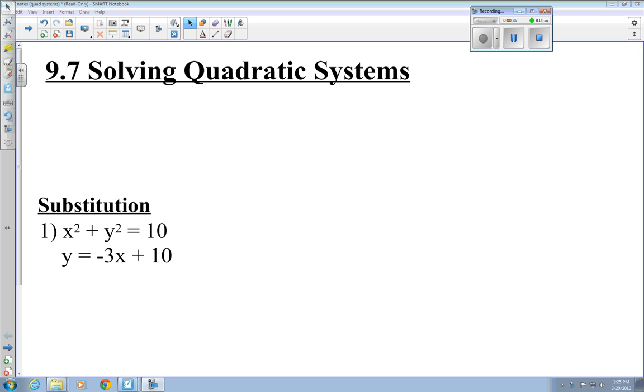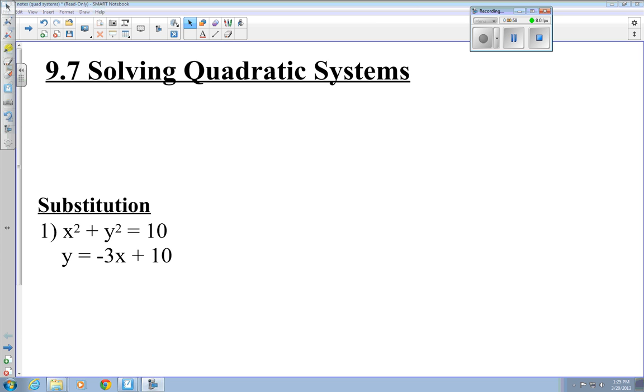Anybody remember what that solution meant? The point that satisfied both equations. Graphically, do you remember what it meant? The lines cross. So that point that we found was the point of intersection, and that point also satisfied both equations.